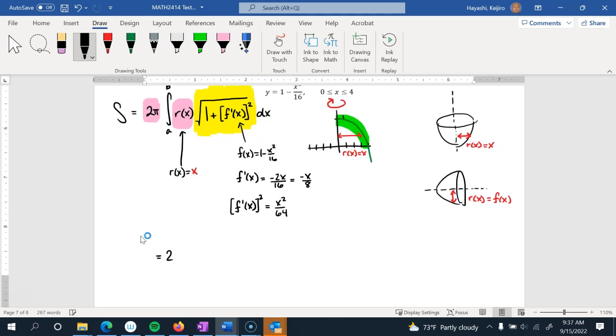So the integral that we have is 2 pi times the integral from 0 to 4. X goes from 0 to 4, so x goes from 0 to x equals 4. Our radius function is just x times the square root of 1 plus this whole f prime of x all squared. That's just x squared over 64 dx. And that's actually a very easy integral because it is simply a u substitution with everything under the square root being u.